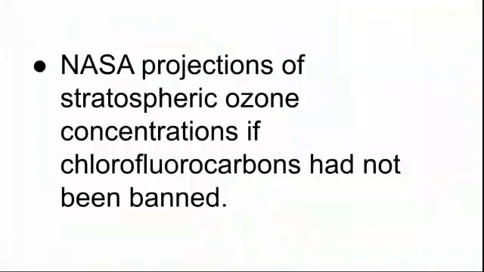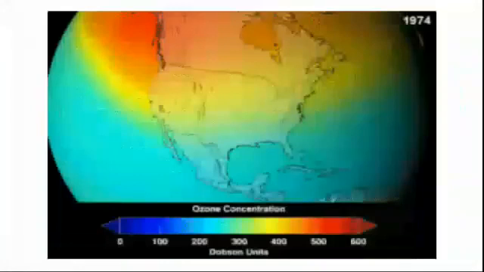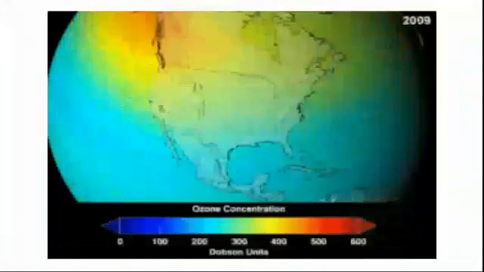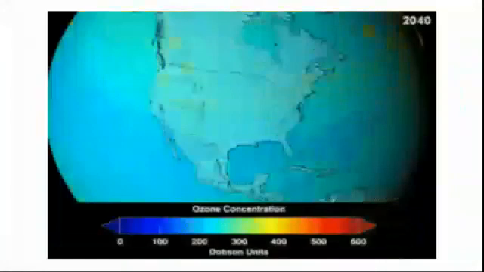NASA projections of stratospheric ozone concentration, if chlorofluorocarbon had not been banned, what will happen in future? Here is the record of 1974 to 2060. What will happen? It is shown in this picture.